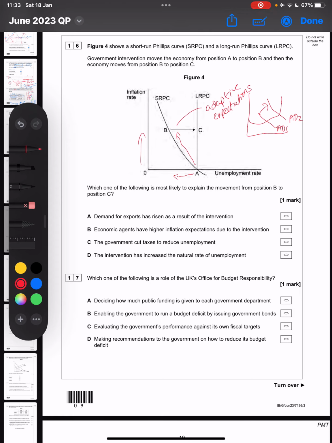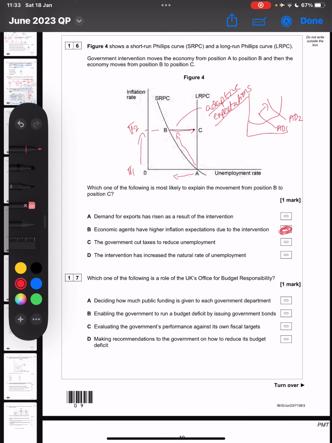If there's adaptive expectations, so if people are becoming used to expecting an inflation rate of 2 instead of an inflation rate of 1, then they could start wage bargaining, they could start preemptively buying goods. Anyway, that would raise firms' costs, which would create more unemployment than before. So I'm looking for something like that. This is the one. Economic agents have higher inflation expectations. They have adaptive expectations due to the resulting inflation.